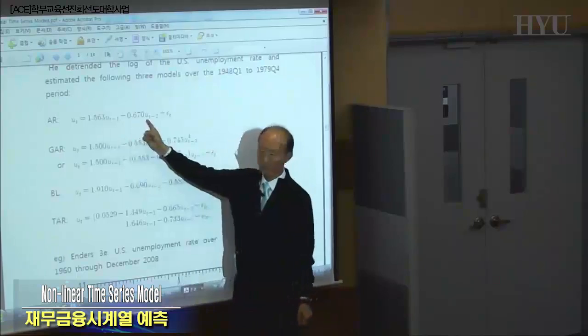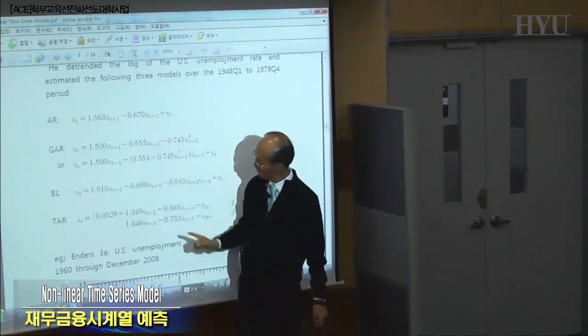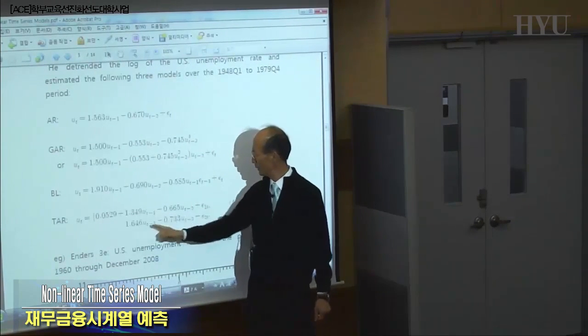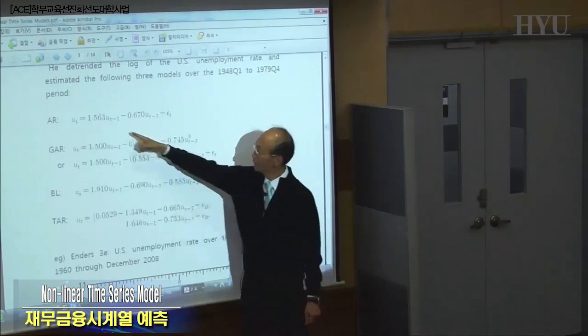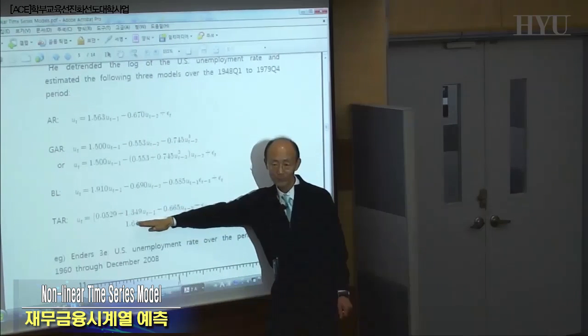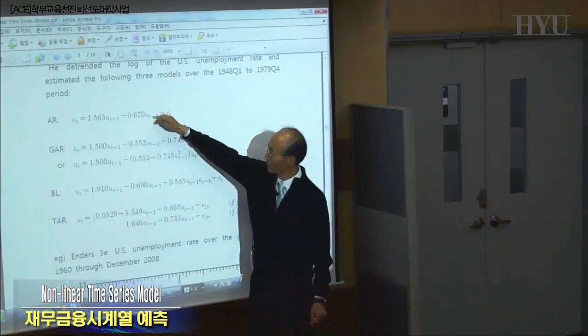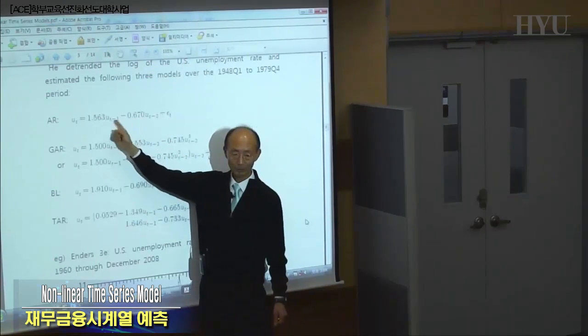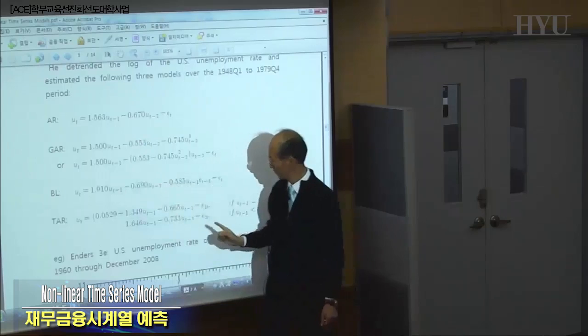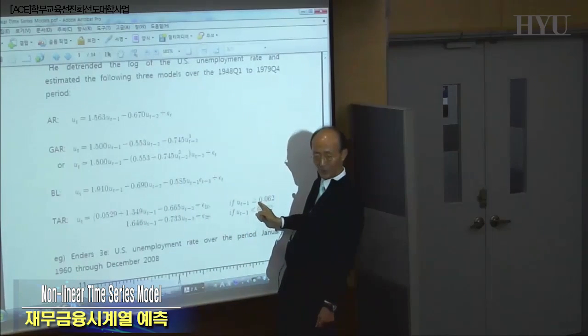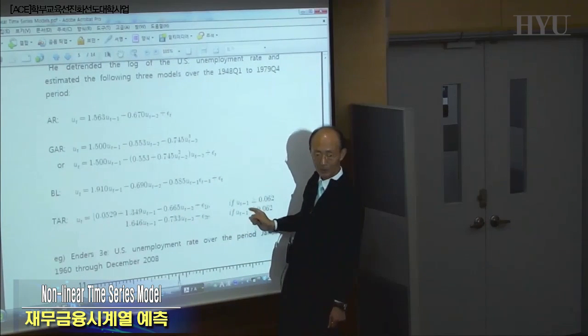These two numbers, when you compare them with these two, lie approximately in between, right? In between. So this is an average relationship, right? But this model may fit better, right?